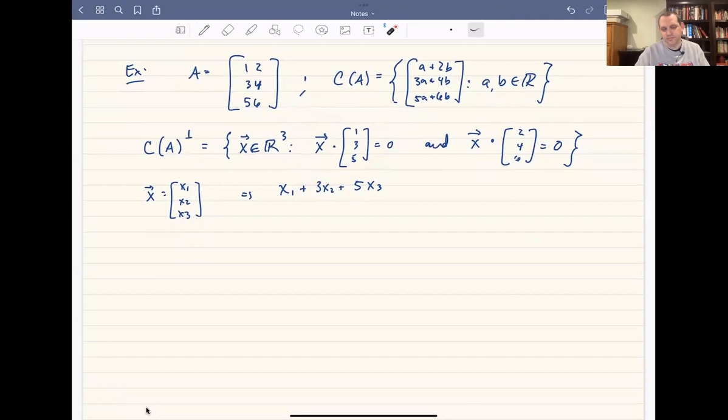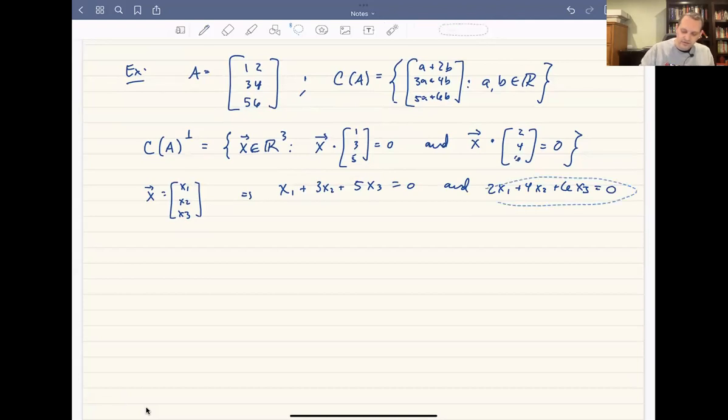It's a notation thing, but we're looking at column vectors. Otherwise, you take 1 times x1, 3 times x2, 5 times x3, add them all up. This should be 0. Likewise, 2x1 plus 4x2 plus 6x3 is 0. Okay, so we're looking for all the values that satisfy both equations at the same time. We're trying to satisfy the system.